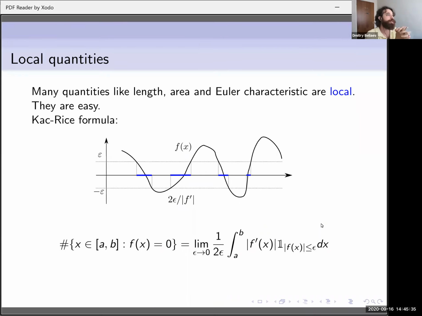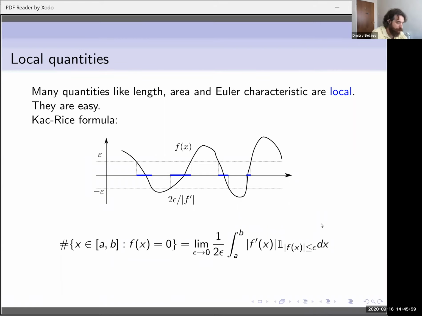And well, there is an old technique started by Kac and Rice. So if you have a function, let's assume that f is just a deterministic nice function. Then there is an easy way to give an integral formula, which gives you number of zeros.